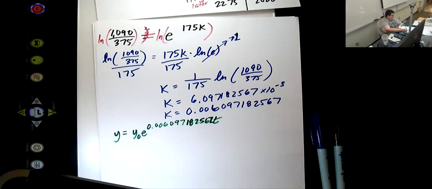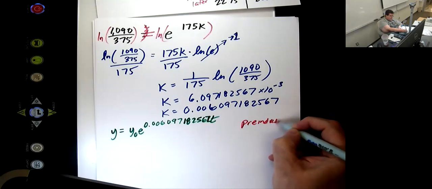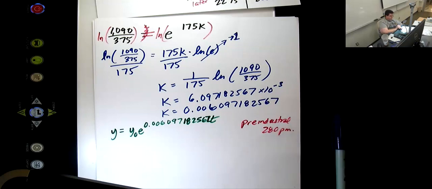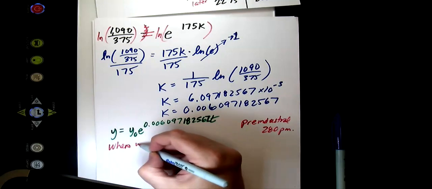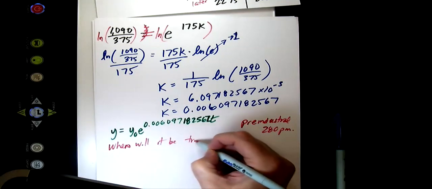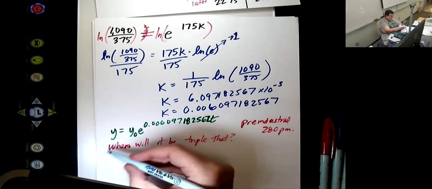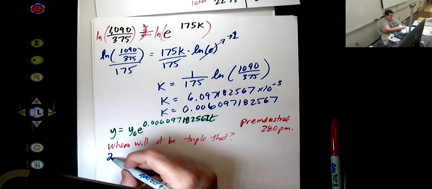So like the pre-industrial era apparently had carbon at 280 ppm. When will it be triple that? So I don't know what triple that is. I'm just going to write it as 3 times 280.